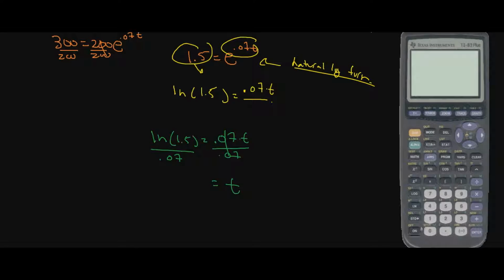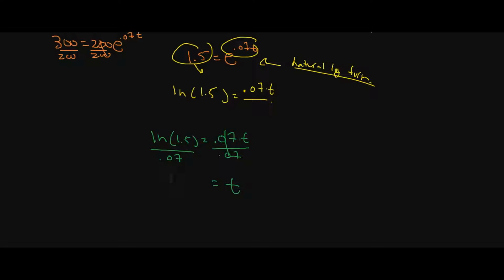Let's grab this calculator and go ahead and do that. Ln of 1.5 divided by 0.07, and we get 5.9 minutes.